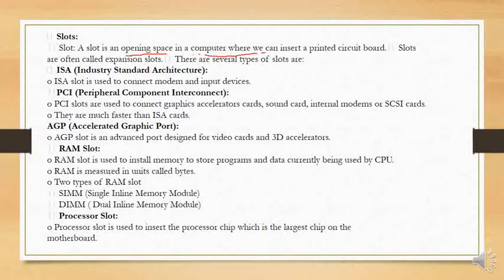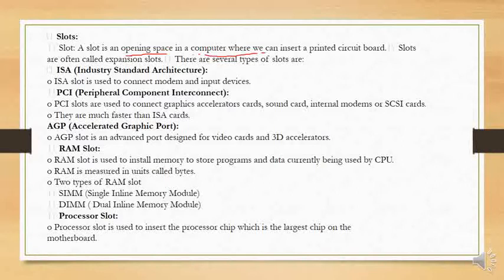Next, RAM slot. The RAM slot is used to install memory to store programs and data currently being used by the CPU. The RAM slot is an open space on the motherboard where we can install primary memory.